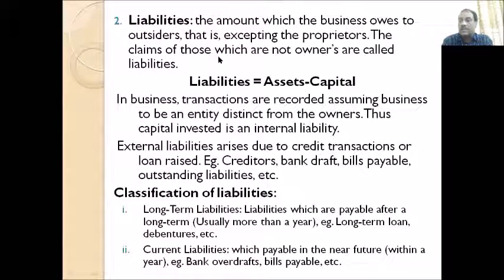Long-term liabilities are payable after a long term, usually more than a year, as for example, long-term loans, debentures, etc. And then there are current liabilities, which are payable in the near future, generally within a year. So these are bank overdrafts, bills payable, etc. So we are supposed to pay it within the given period, within a year.